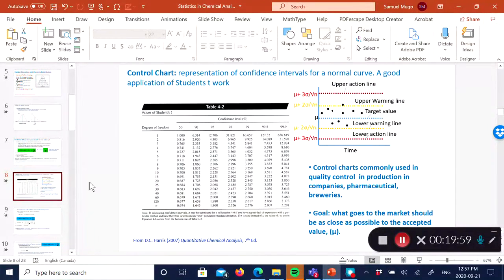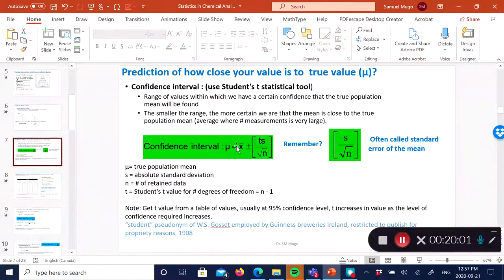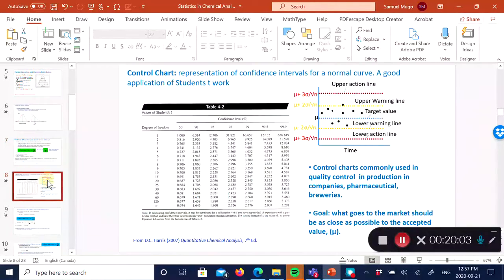So you can see, this confidence interval is what they actually use when they are creating the control charts for quality control of manufacturing, whether it's pharmaceutical companies, whether it's making beer in breweries, and so forth. So it's a very, very common statistical platform that we use for quality control, which is where some of you are going to end up.